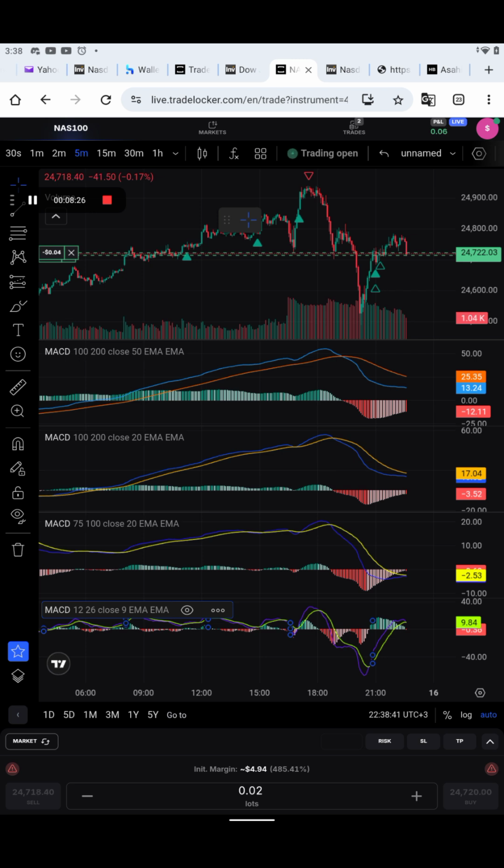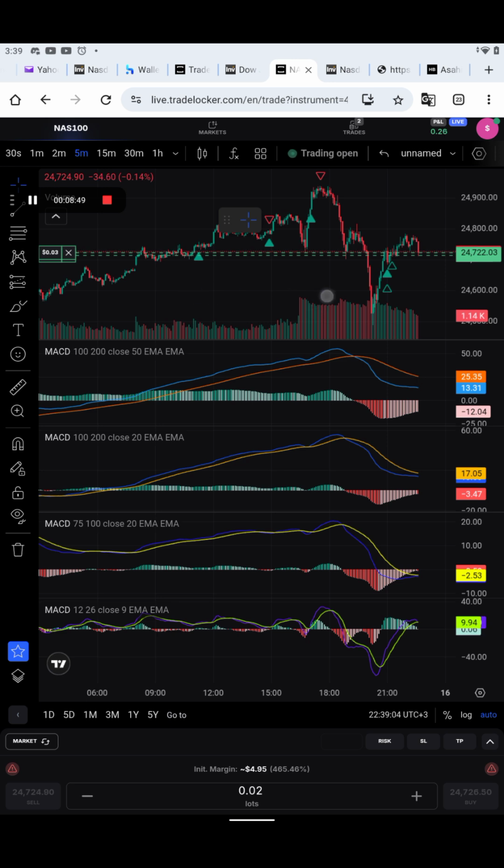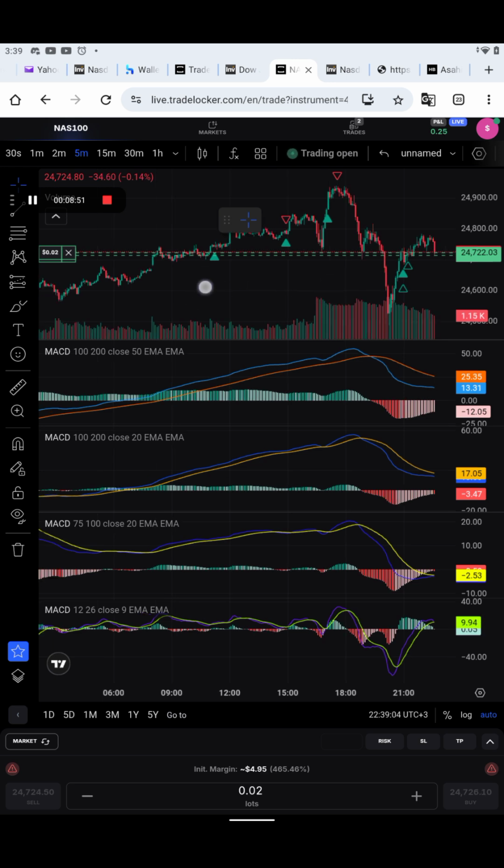But for now, we're still trying to test the top two MACDs, the orange and the blue integers, for when they go negative. We're trying to see, because we just scrolled back on the last video, you can see how deep that sell was.